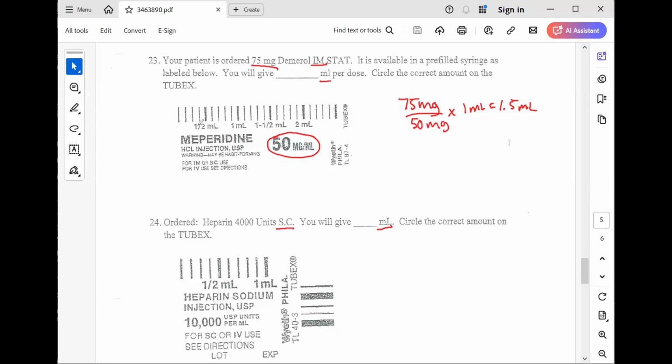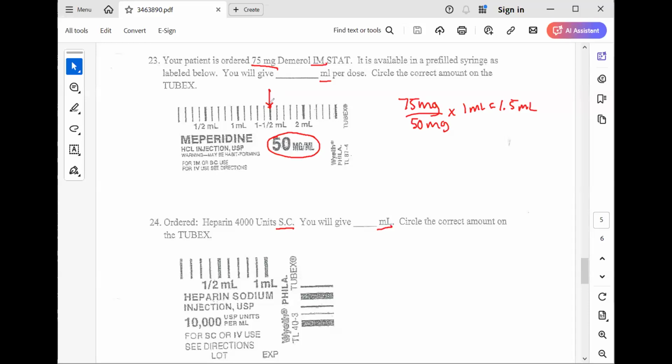I'm going to put a mark right here. I never know exactly how they want you to show it, but usually I will add a little arrow. There we go, so that way you know it's right at that 1.5 ml.